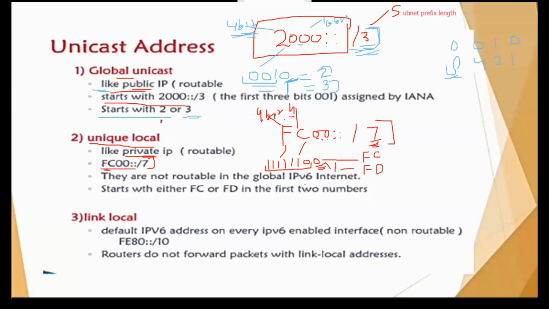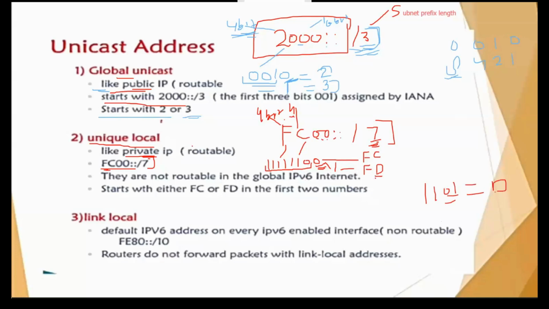Because when you look here, 1 2 3 4 5 6 and 7 is the seventh field, which means in the last field 1 will be there. So the last combination will be 1 1 0 1, and when you convert that, it will be D. So FD.